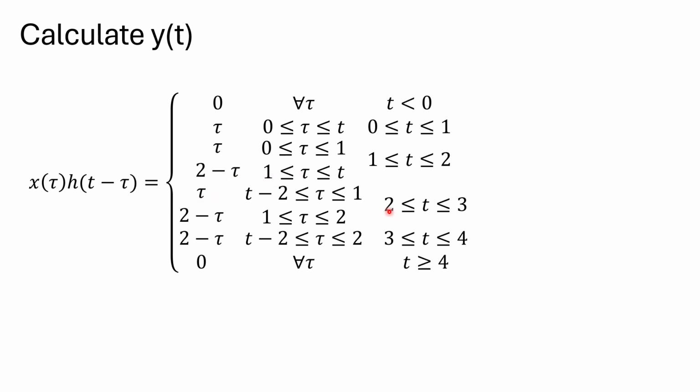And then for t ranging from 2 to 3, the definition becomes tau for t minus 2 to 1, and 2 minus tau for 1 to 2. And when t ranges from 3 to 4, the definition becomes 2 minus tau for t minus 2 to 2, and it is 0 for all values of tau for t greater than or equal to 4. Now for each range of t, we have to integrate and find the value of y of t.